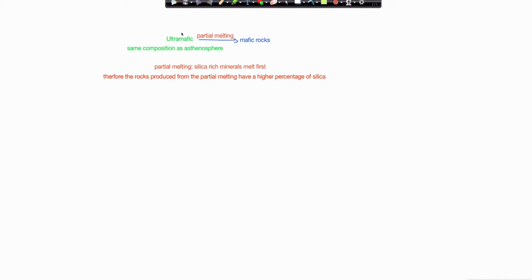So through the partial melting of the ultramafic rocks, you're concentrating the silica and you're creating mafic rocks. Remember, mafic rocks generally are much less in silica than felsic, but they still have more than ultramafic. So this occurs at spreading centers, or I'm just going to type mid-ocean ridge.